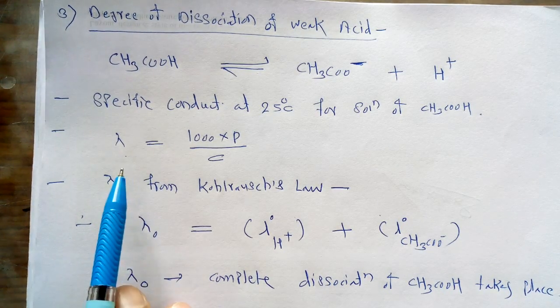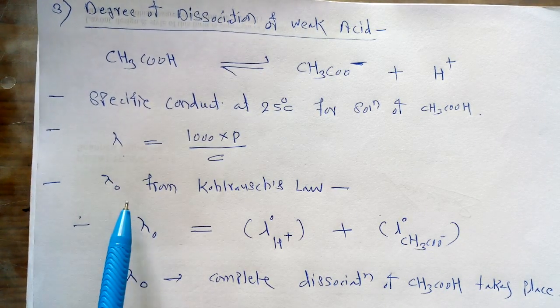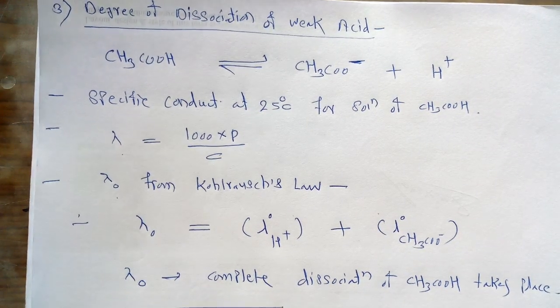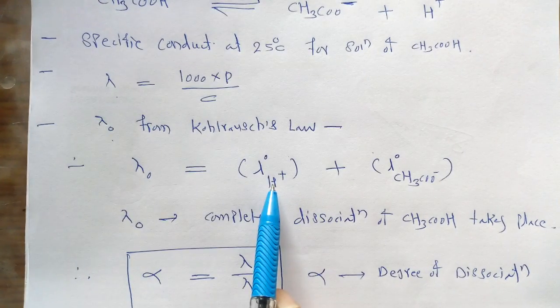After the determination of the equivalent conductance, we calculate its lambda 0, the equivalent conductance at infinite dilution, from Kohlrausch's law: lambda 0 is equal to L0 of H plus plus L0 of acetate anion.